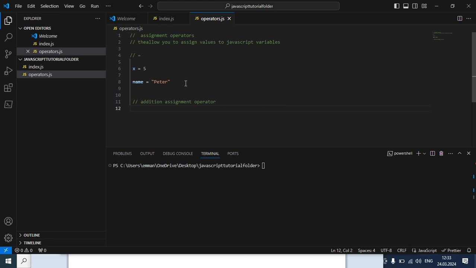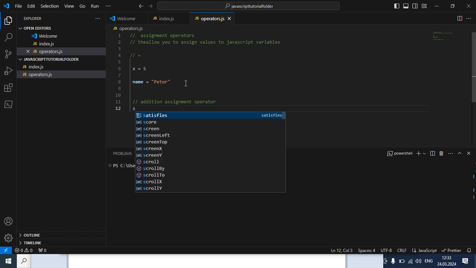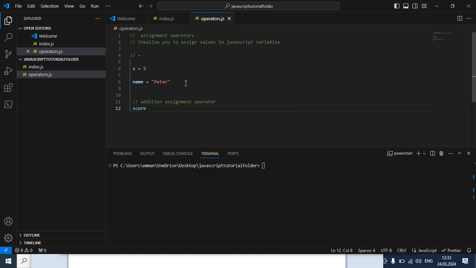Assuming you have a variable, let's say score equals to 45, and you want to add 5 to it.